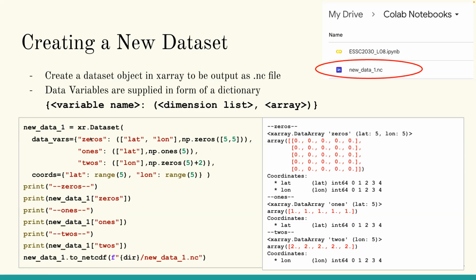Which means that your zeros, this variable here, has to be 5 by 5 because you're telling the computer that there are 2 dimensions for this variable, latitude and longitude. And for the next variable ones, it just has 1 dimension with the size of 5. So you just need 5 values in here to put inside.